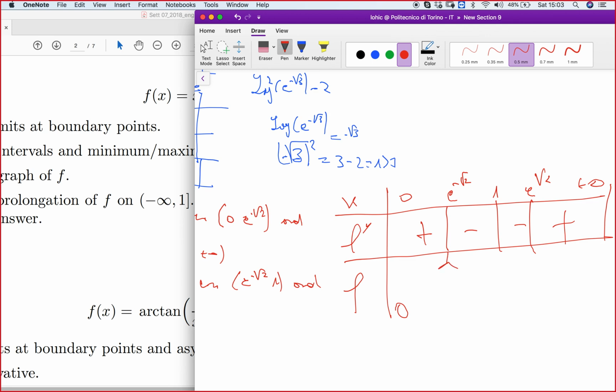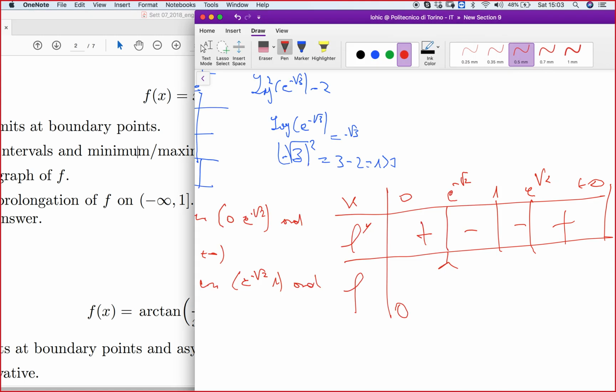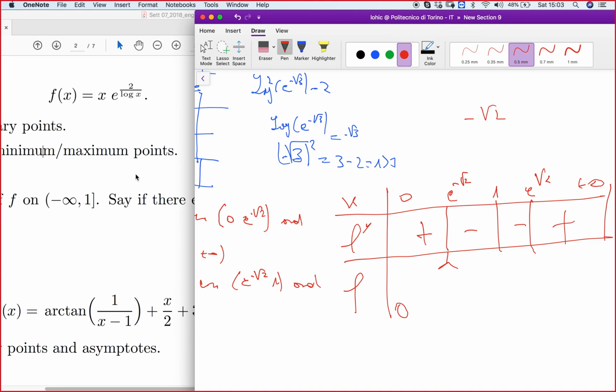If you put exponential of minus root 2 in the function, it will give you minus root 2. Let me put the function here so that you can see. It will give you exponential of minus root 2 for x, multiplied by exponential of 2 over the logarithm of exponential of minus root 2, right?